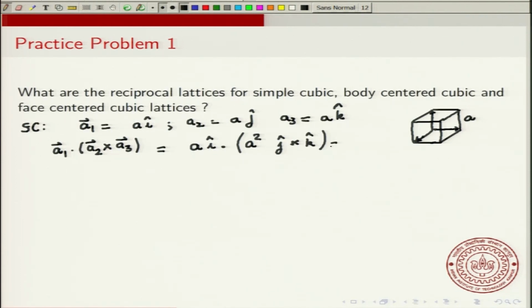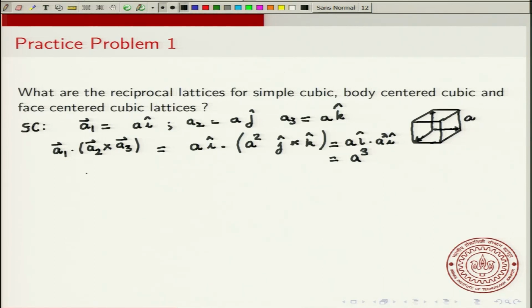So, this is A i dotted into A square i. This is equal to A cube, which is the volume of the cell. So, you can verify that the volume of the cell is given by this.